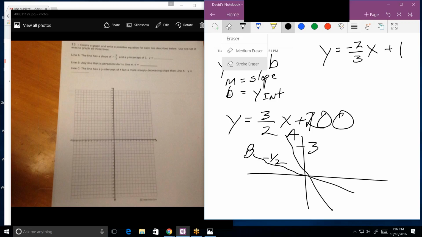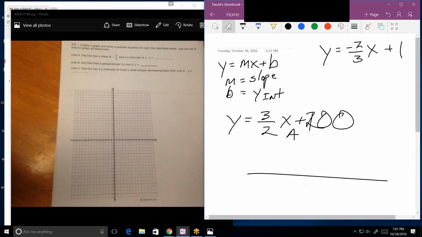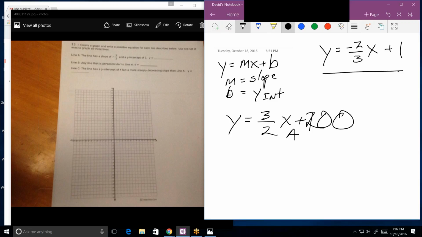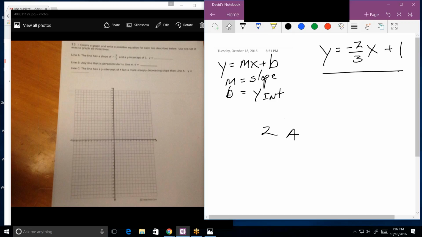So, their question is, this was our first line, A, and they want another equation that has a more steeply decreasing slope. Well, that's a number less than 1, right? 2/3? Ignore the negative sign for a moment. So all I got to do to be steeper is make that number greater than 1.